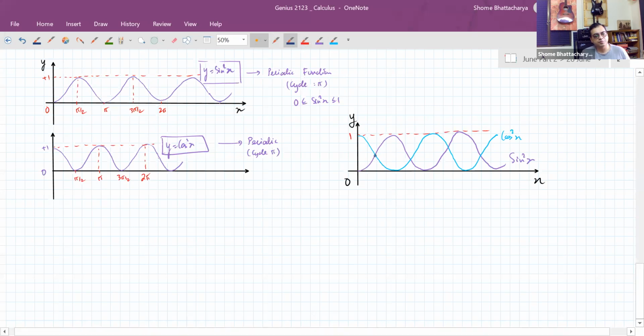For example, at pi by 4, they are both equal to half. But at pi by 2, sine square is 1, cos square is 0. And again at 3 pi by 4, they are equal to half.